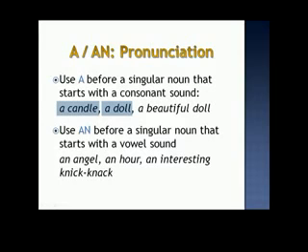Now we may have a singular noun all by itself, or the noun can be in a phrase, as in a beautiful doll. We're still talking about one doll, but we have the adjective beautiful. Beautiful begins with the consonant sound b, so we need a beautiful doll.